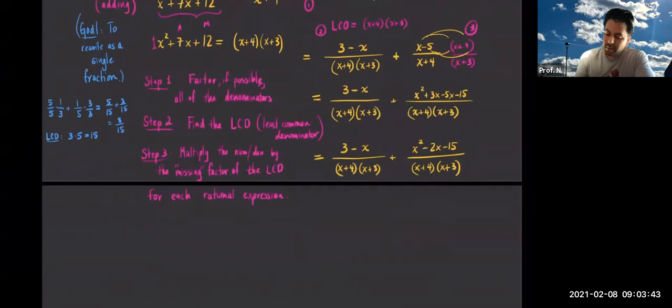And then step number 4, if needed, multiply the numerators by the missing factor.